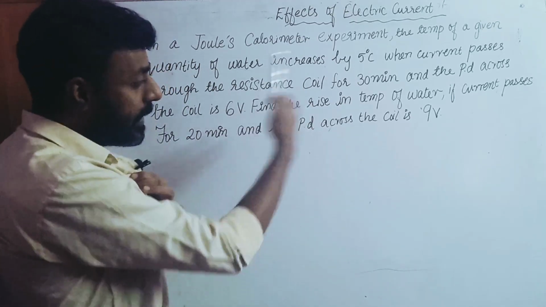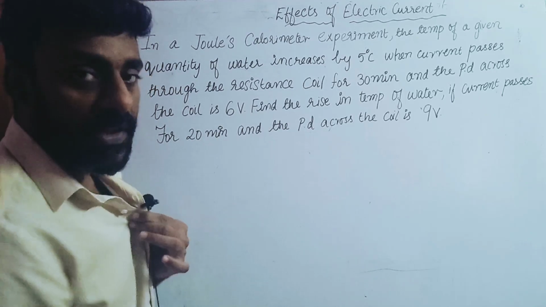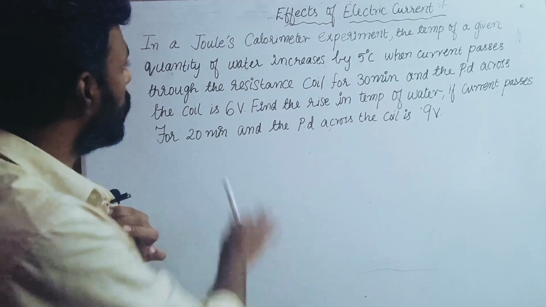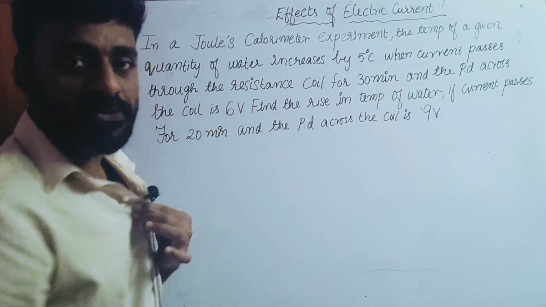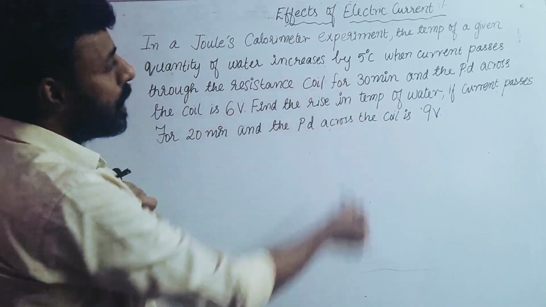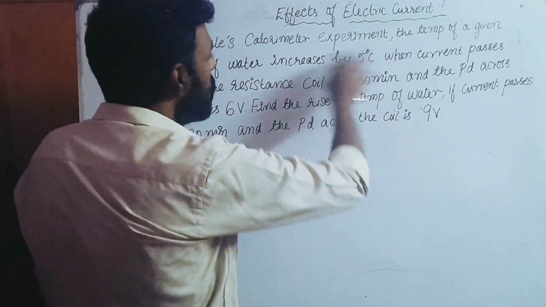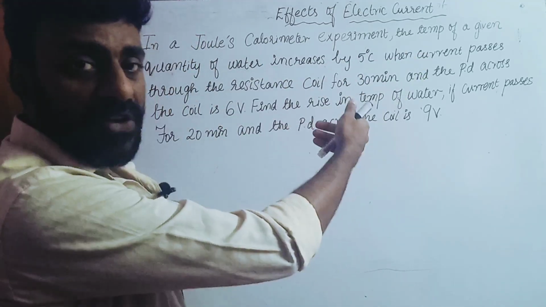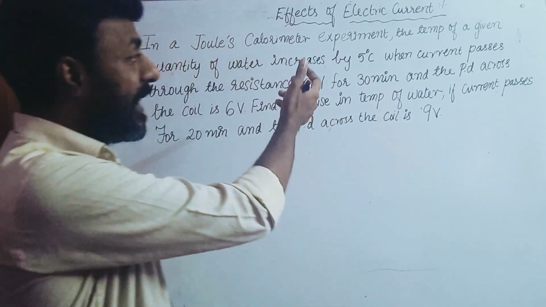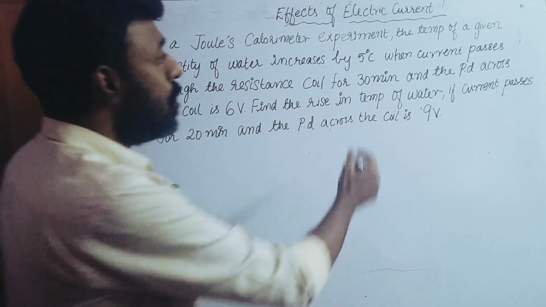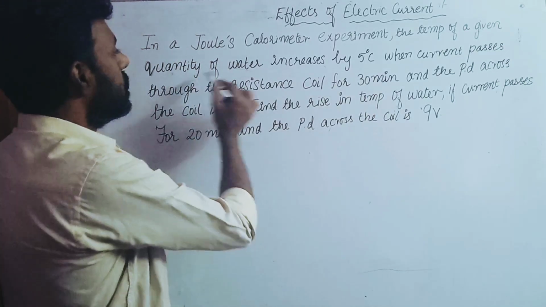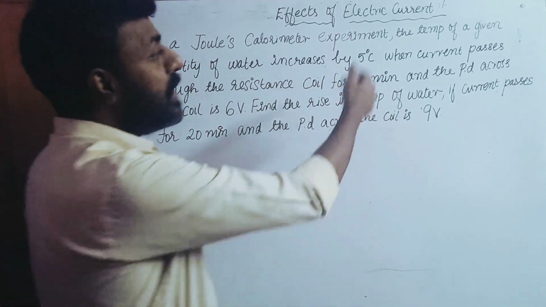Before jumping into solving the problem, I just wanted to explain what the question is all about. Here a Joule calorimeter experiment is being conducted, and in that experiment the temperature of the water increases by 5 degrees Celsius. So what does it mean? There is a difference in temperature of about 5 degrees Celsius. When a current passes through the resistance coil for 30 minutes, there is an increase in the temperature of water.